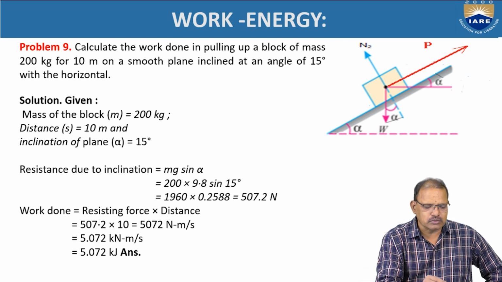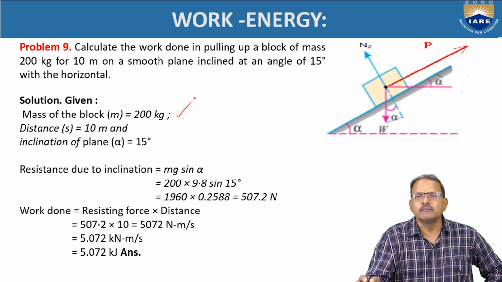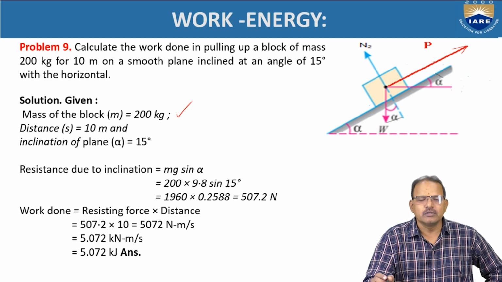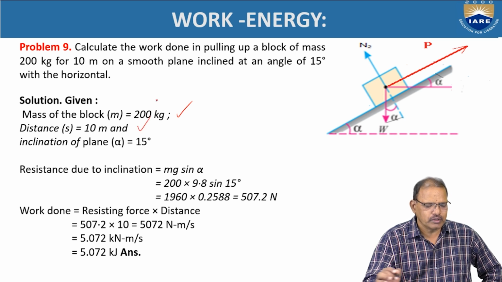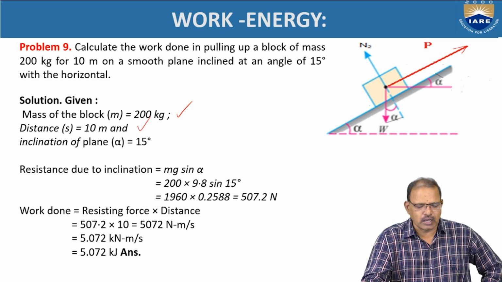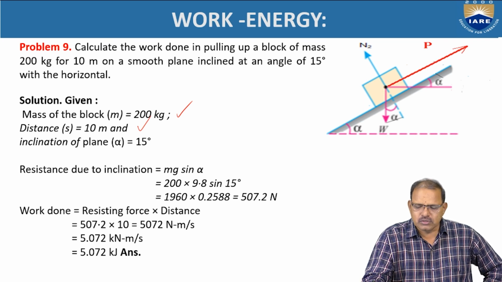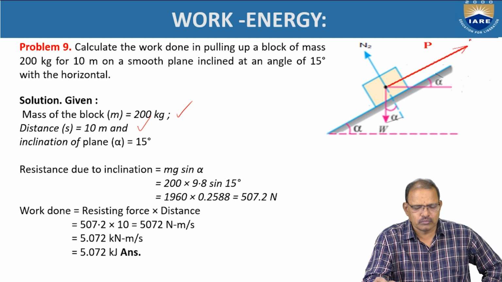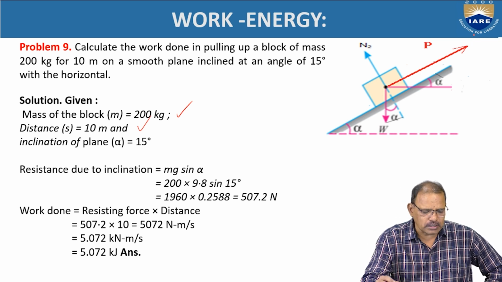Here, the mass of the block is given as 200 kg. Distance is equal to 10 meters. The inclination of the plane is given, alpha is equal to 15 degrees. Now, let P represent the force which is applied along the plane.